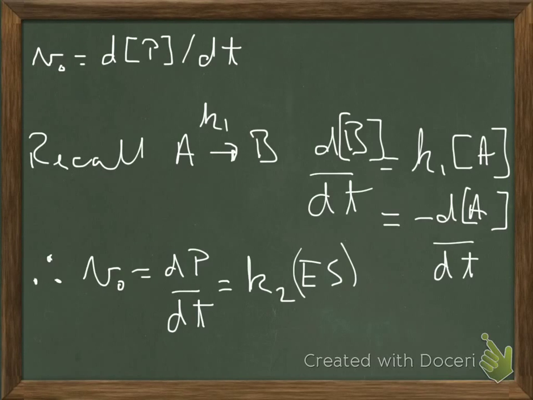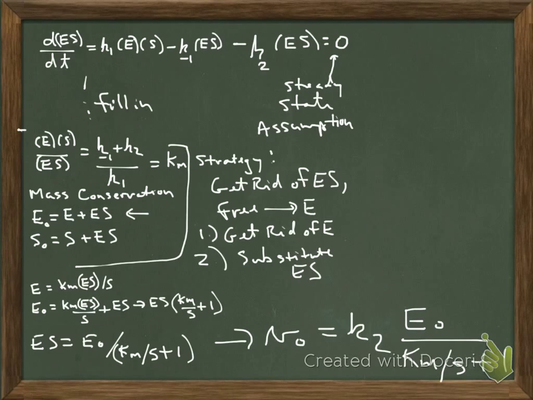So if that's true, then this guy is approximately equal to what? Which one? S0, right here where I put the question mark. S0 equals S plus ES. It's approximately equal to S, right?